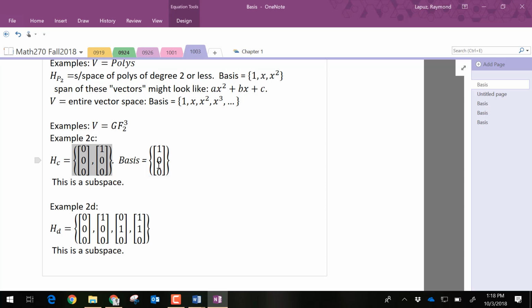And the answer is yes. If I multiply this basis vector by 1, I get this vector. If I multiply it by 0, I get the other one. That's all I really need because I have a finite number and I'm done. So that's all you need for the basis. Again, we're jumping ahead to dimension, but we have a one-dimensional subspace of this vector space.